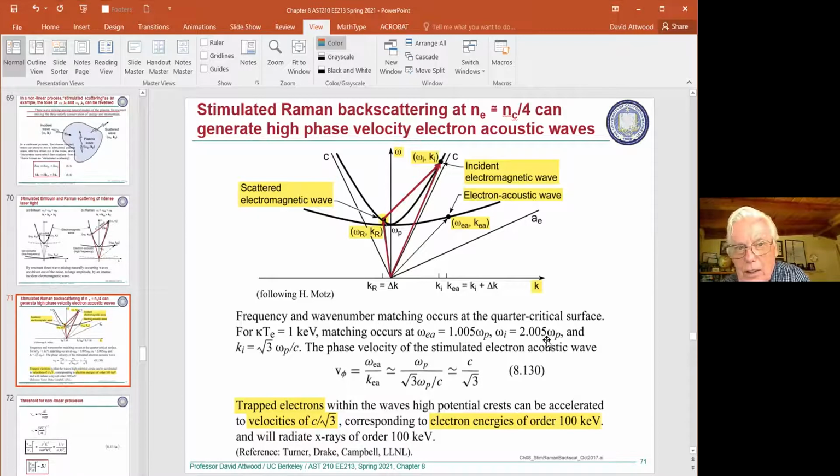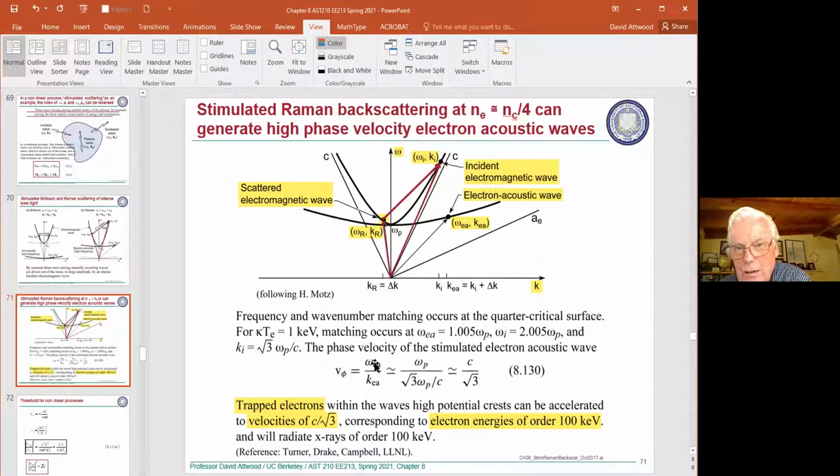But when you solve these things, you solve for the different k vectors, and you'll find that the phase velocity of this wave, which is omega EA, the electron acoustic wave frequency, over its wave number, k EA, turns out to be the following.